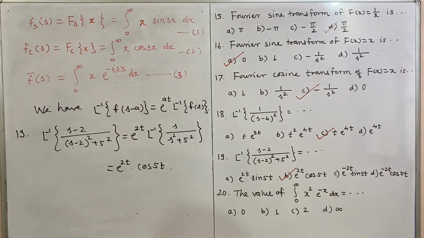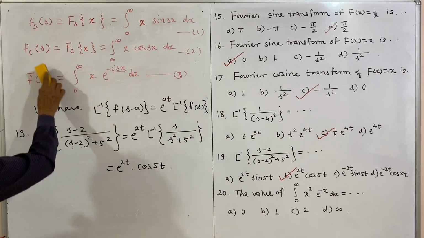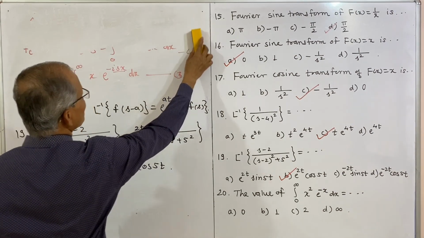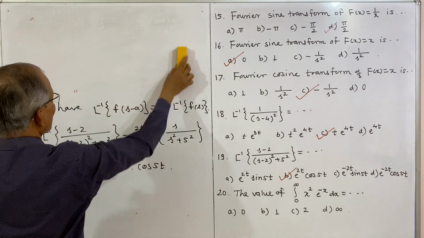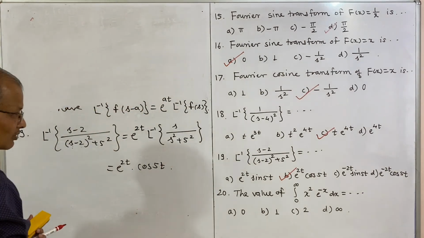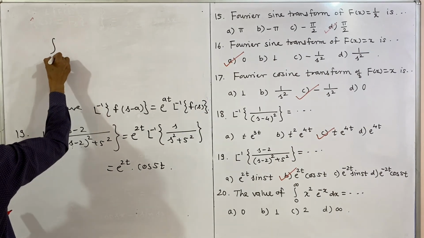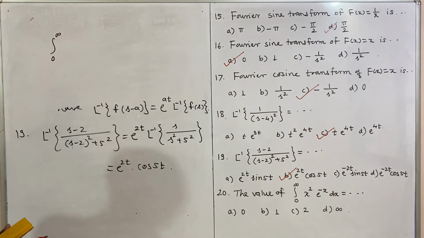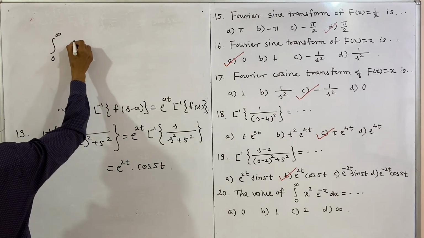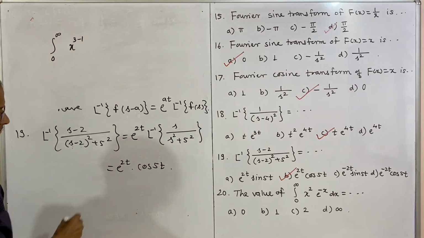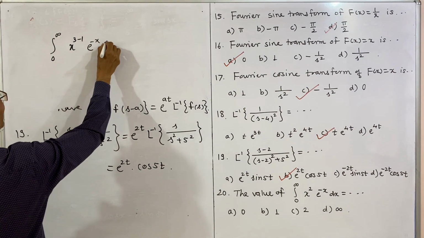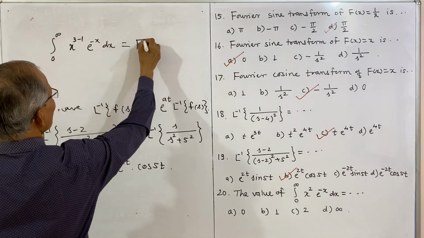And the next one is the value of integral 0 to infinity x square e power minus x dx. That is a simple one. x square can be written as x to the power 3 minus 1, times e power minus x dx, and this is exactly gamma of 3.